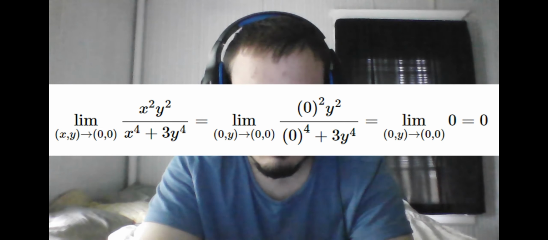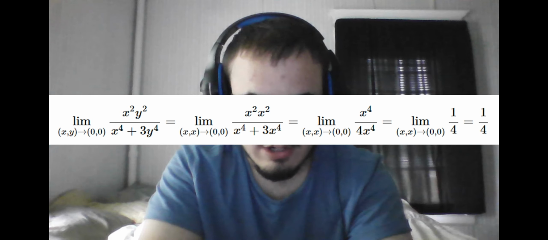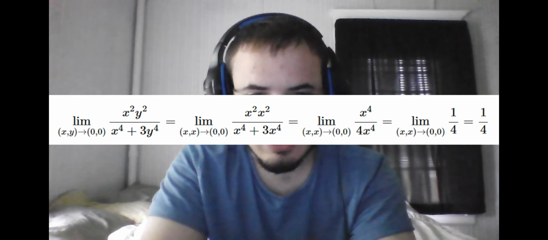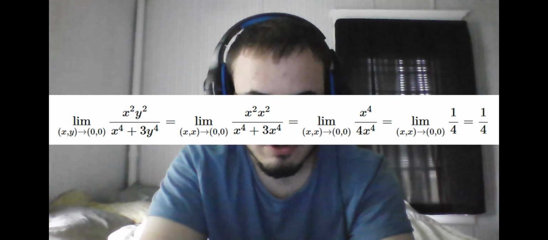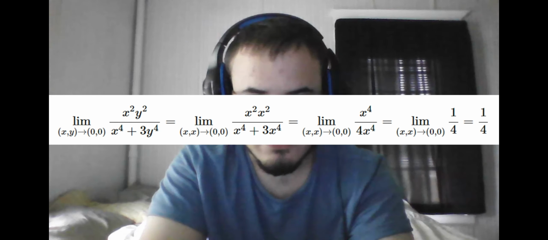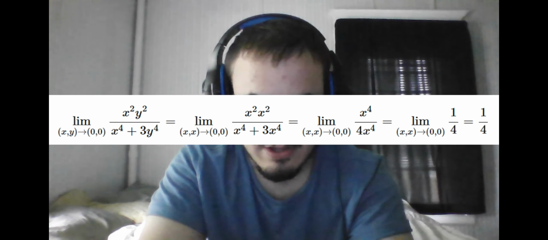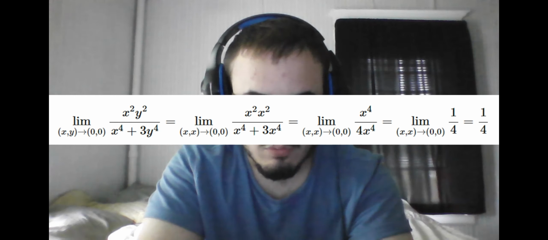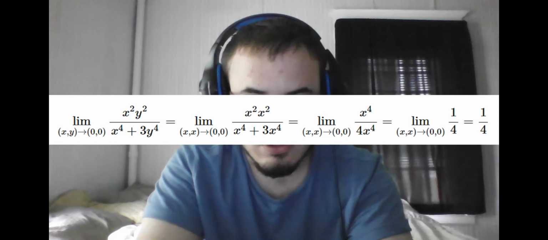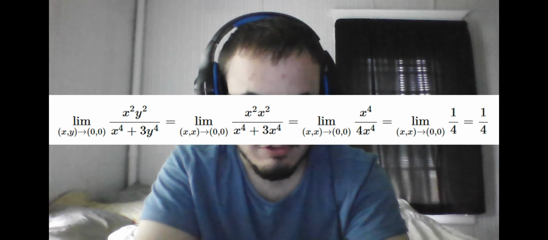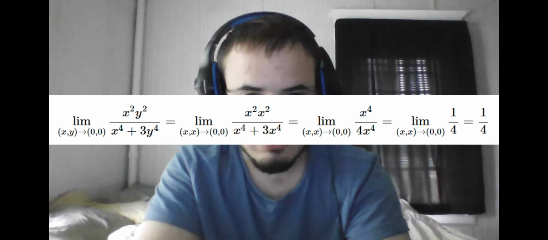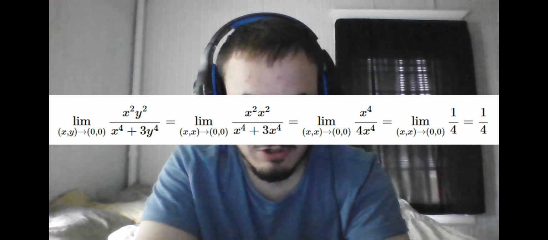So if we test along the diagonal line y equals x, we substitute in x for y, we get x to the 4th power over 4 times x to the 4th power, which is now a Calculus 1 limit, and is 1/4 because the x to the 4th power cancels out. In conclusion, the limit does not exist because the limit along the line y equals x gives us a different value than the previous two limits.